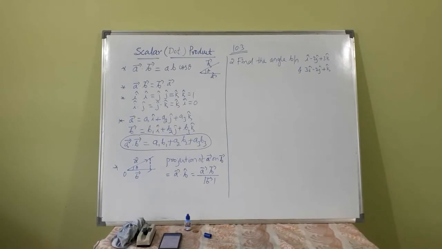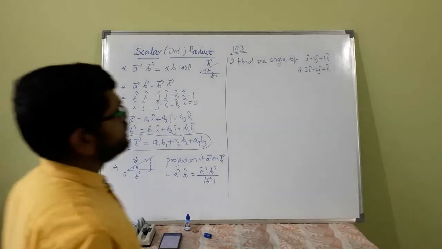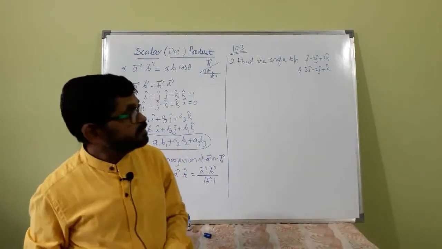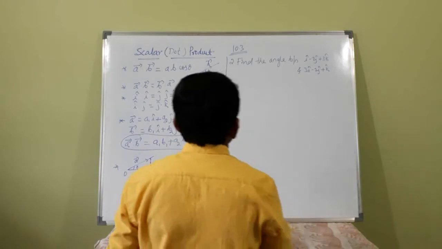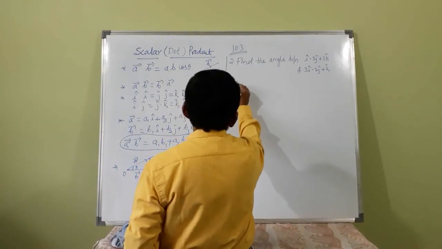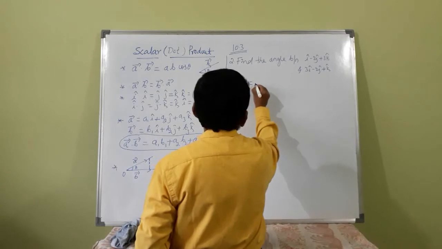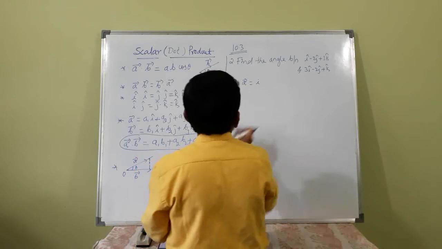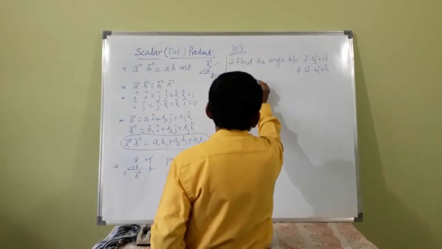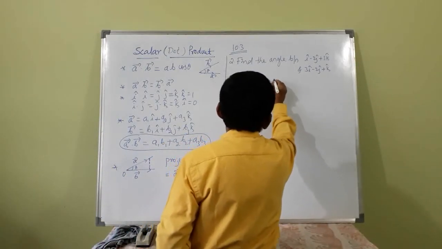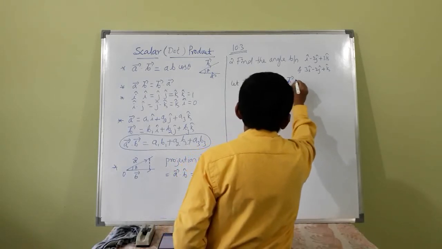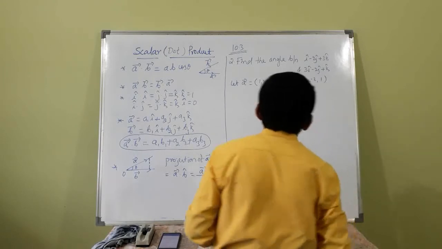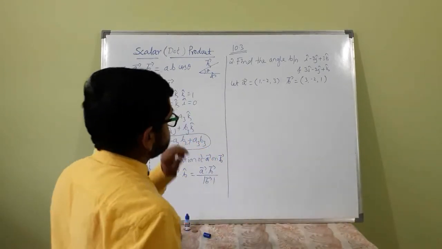The second example is: find the angle between i minus 2j plus 3k and 3i minus 2j plus k. Let A be 1, minus 2 and 3, and B be 3, minus 2 and 1. What is the formula?